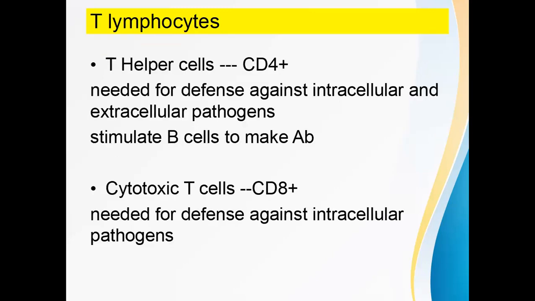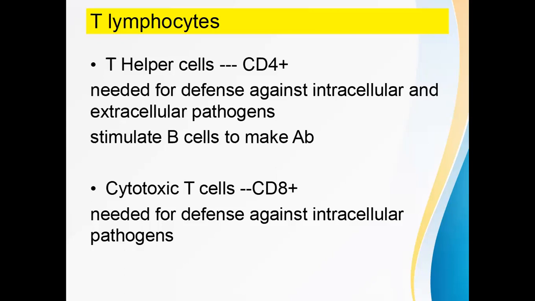The next one is T lymphocytes. These are involved in the production of cellular immune responses. Here, T is derived from thymus, which is the site of its maturation. And there are two types of T lymphocytes. The first is Th lymphocytes, which means T helper cells.